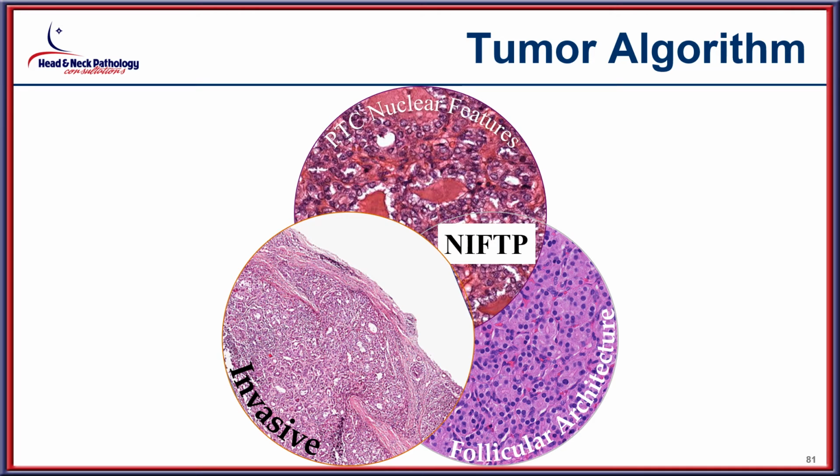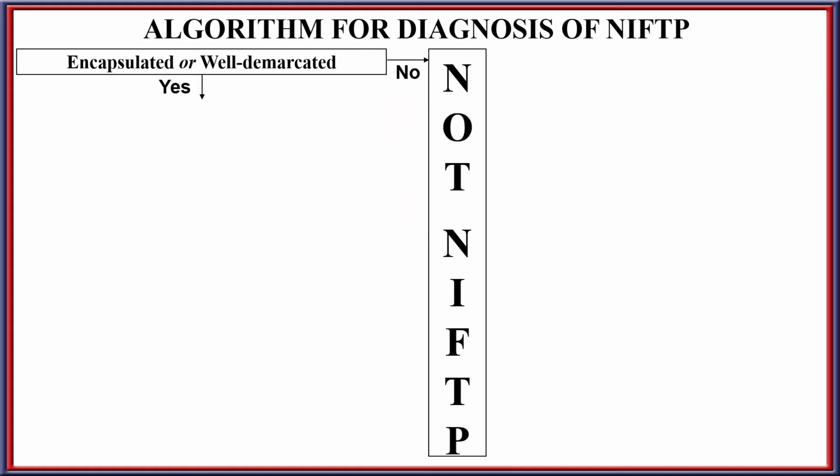If I were to now fill in the nuclear features of papillary and the follicular architecture and exclude the invasion, you can see how NIFTP is really going to be in a very small component of this particular Venn diagram. With that in mind, let us begin going through the algorithm as we can now.